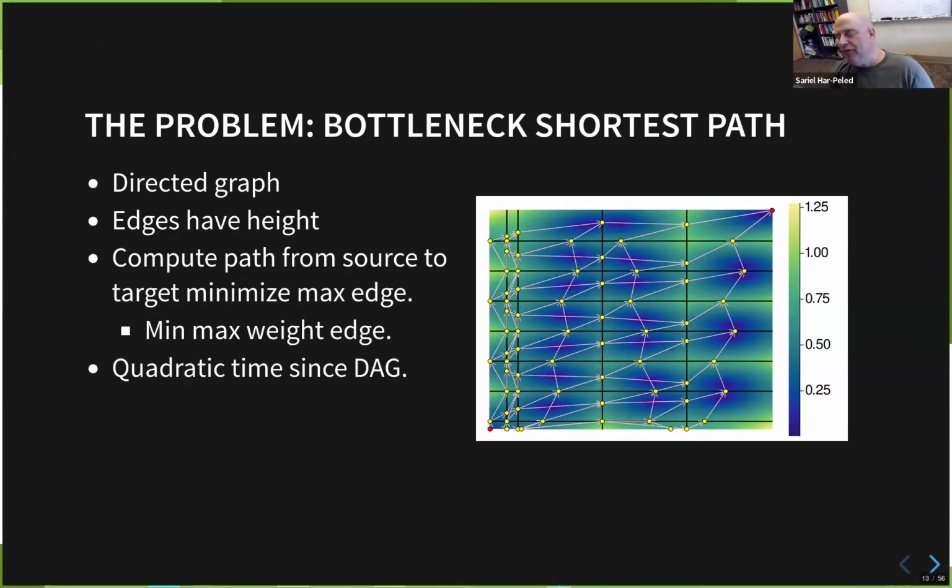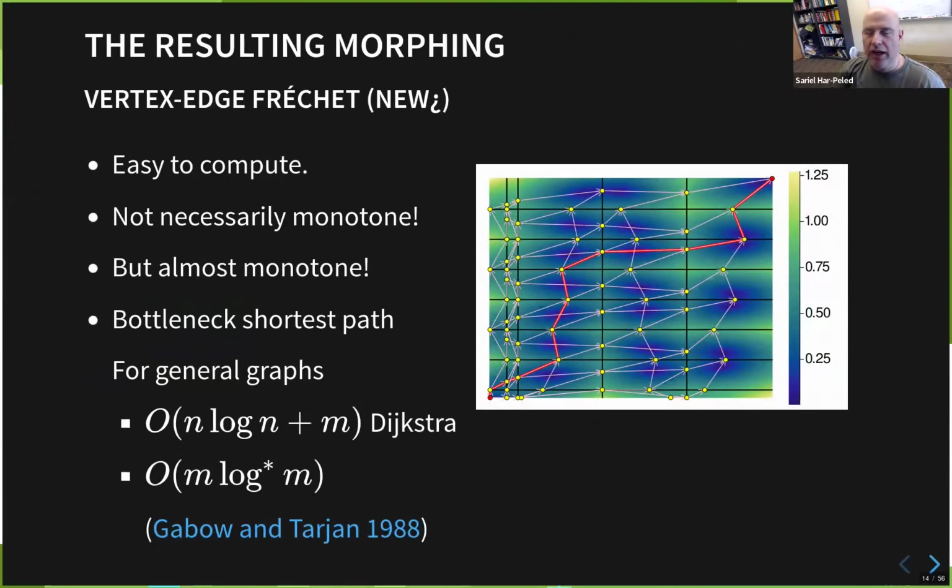And notice that the graph that we have here is implicitly defined, and it has a very predictable structure, so we can compute it on the fly. You don't really need to compute the graph, so it's very easy to solve it directly. Now, okay, so the resulting algorithm is very simple, right? So you just compute this path in this DAG, directed acyclic graph.